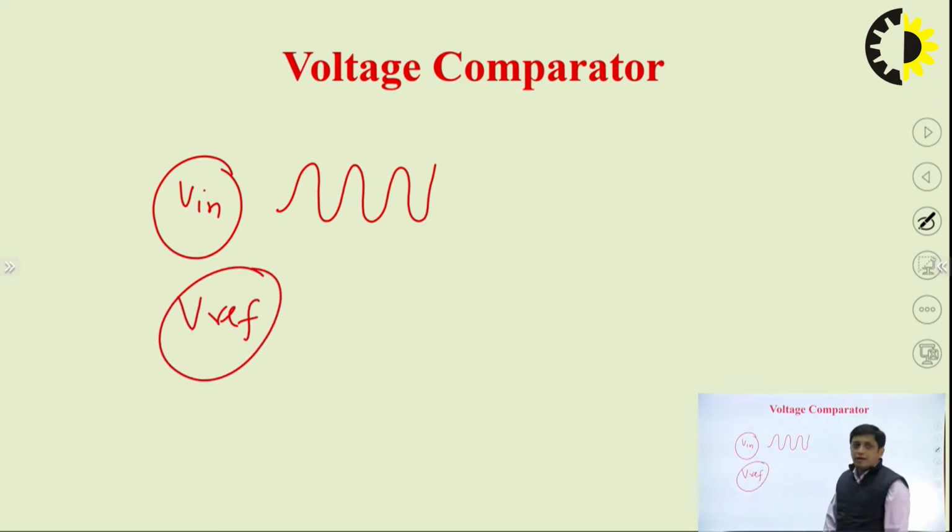So this Vin and V reference are applied at the two input terminals of the op-amp, one at the negative input terminal and another at the non-inverting input terminal. And if the voltage at the non-inverting input terminal is more, then we will get plus Vsat at the output, otherwise we will get minus Vsat. Fine.